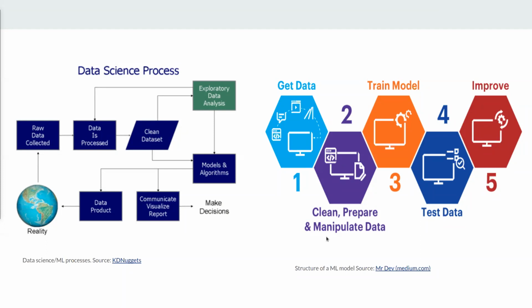Also, talking about the structure of a machine learning model, I think that's quite similar to the data science process. Like I said, machine learning is kind of a subset of data science. So when you get your data, you go into cleaning, preparing, and manipulating the data.